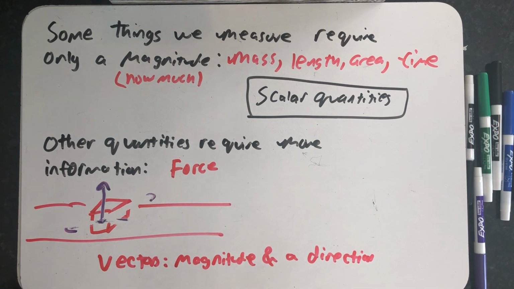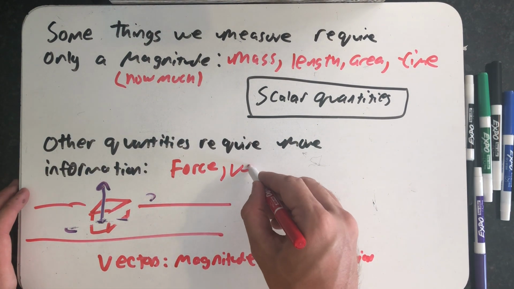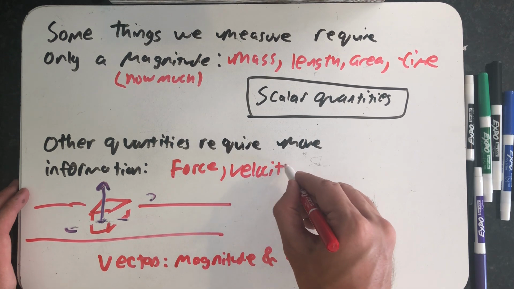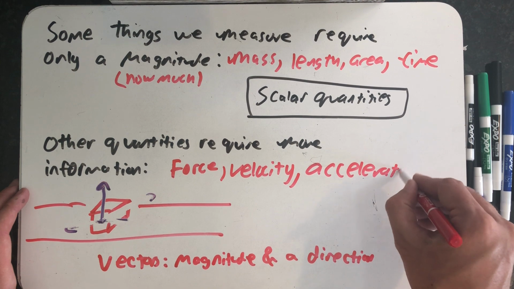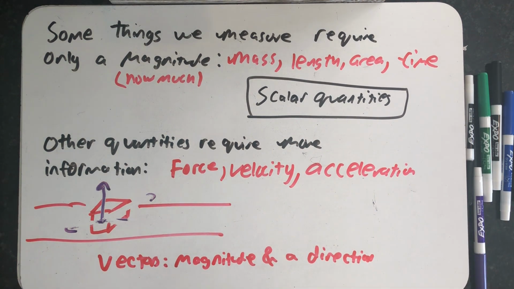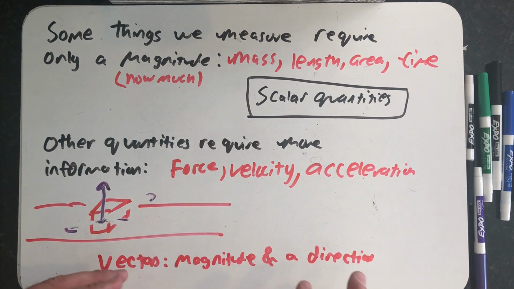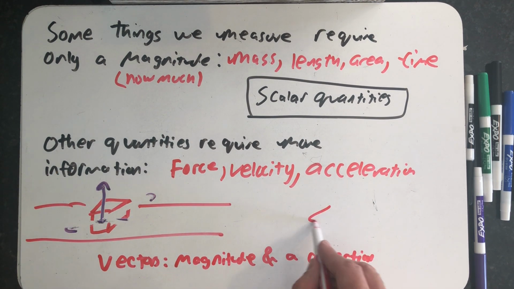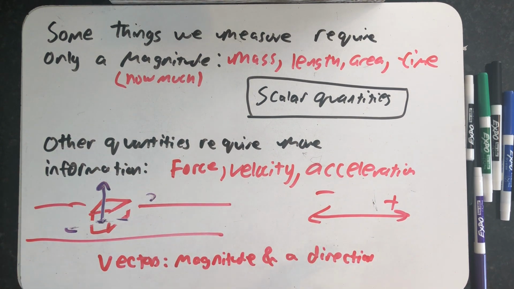Other examples of vector quantities: velocities, acceleration. These are vector quantities. When I say velocity, right, I have to tell you a direction when I talk about velocity. If something's just moving on a number line, a plus or a minus would tell me left or right, and that was a direction.